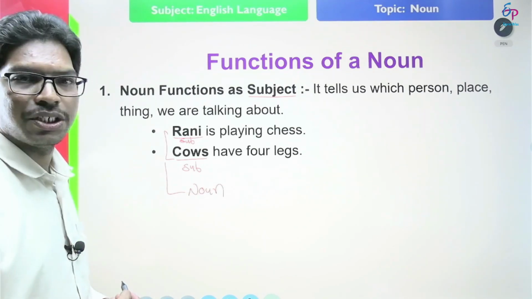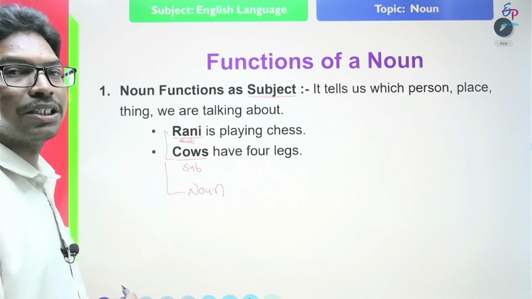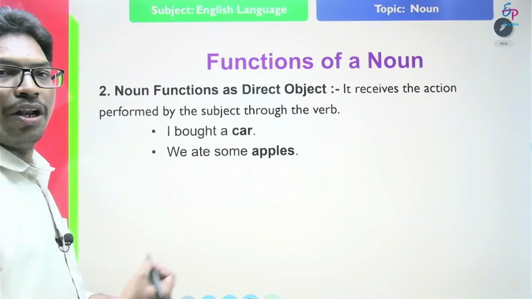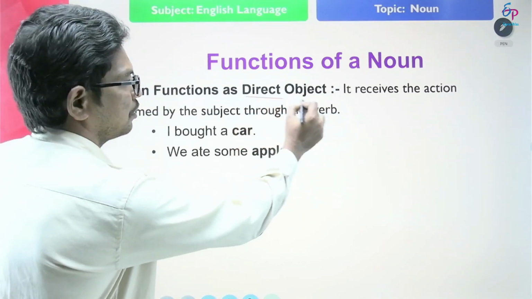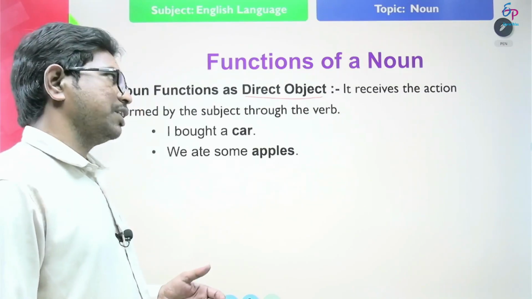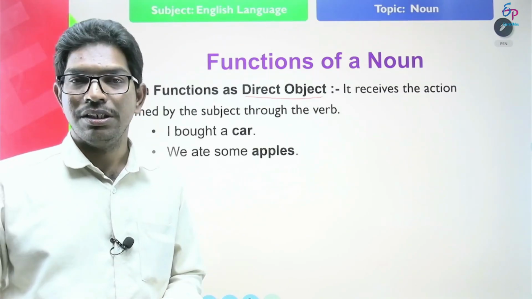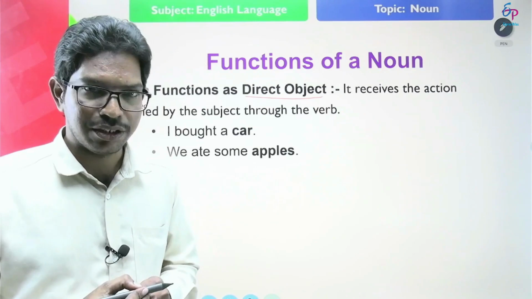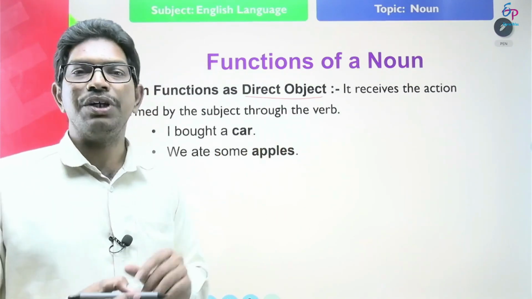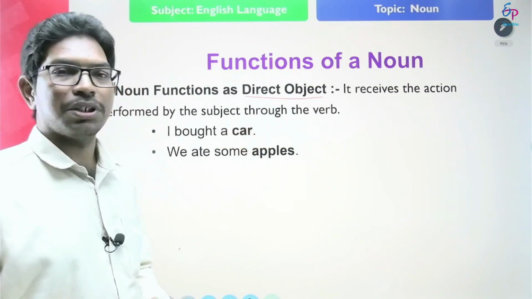Now let us discuss how noun functions as direct object. What is direct object? Before starting this, I would like to tell you what is object. Object is the receiver of the action. What is subject? Subject is the doer of the action and object is the receiver of the action. Then what is direct object?